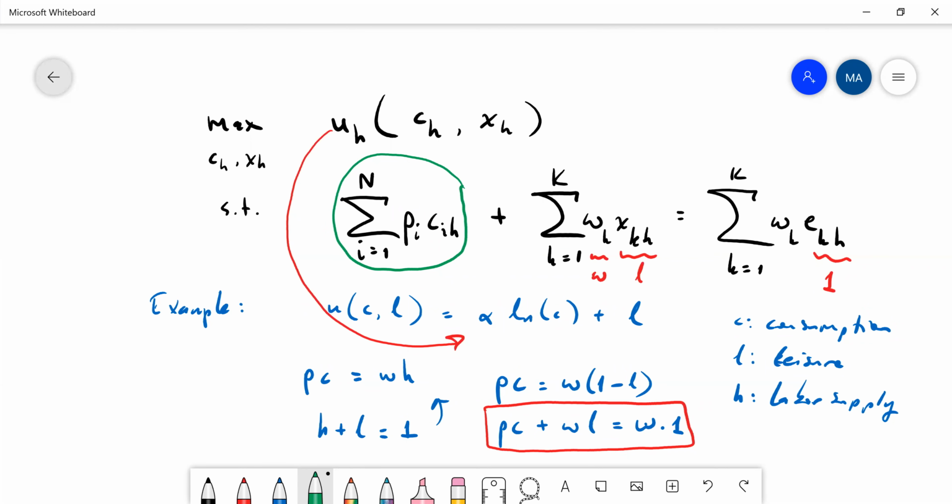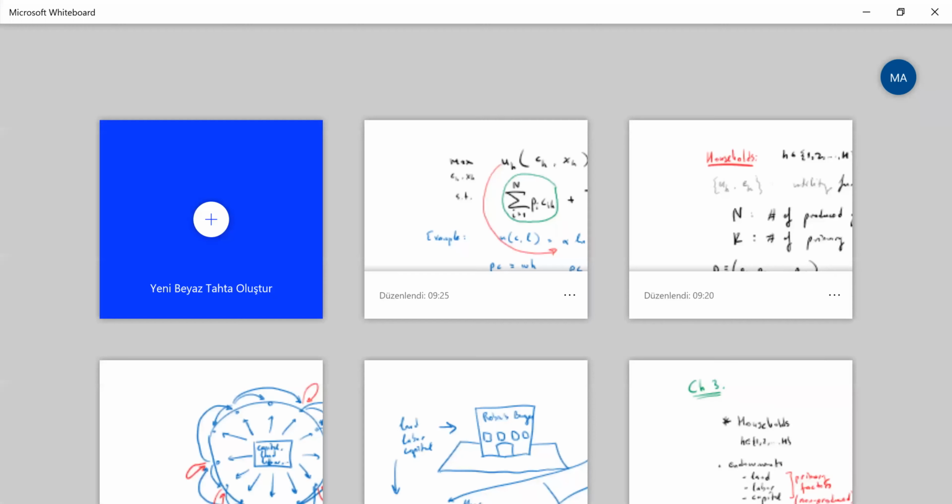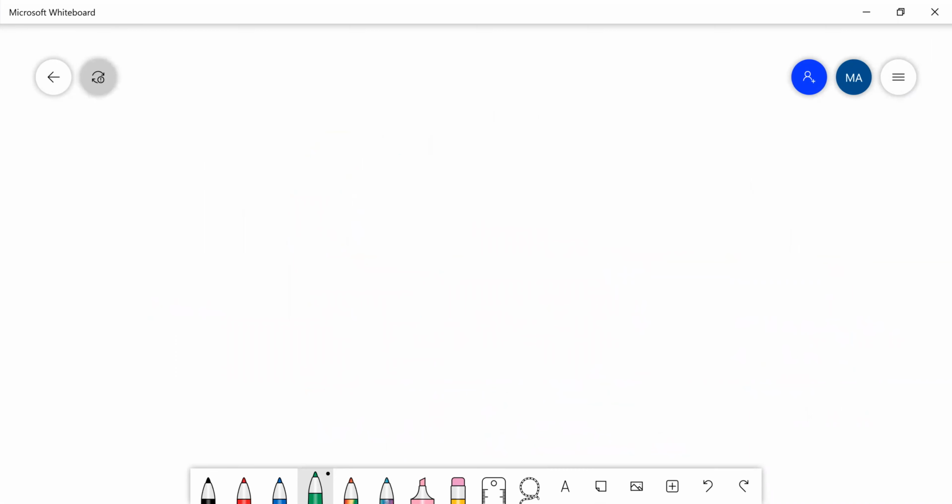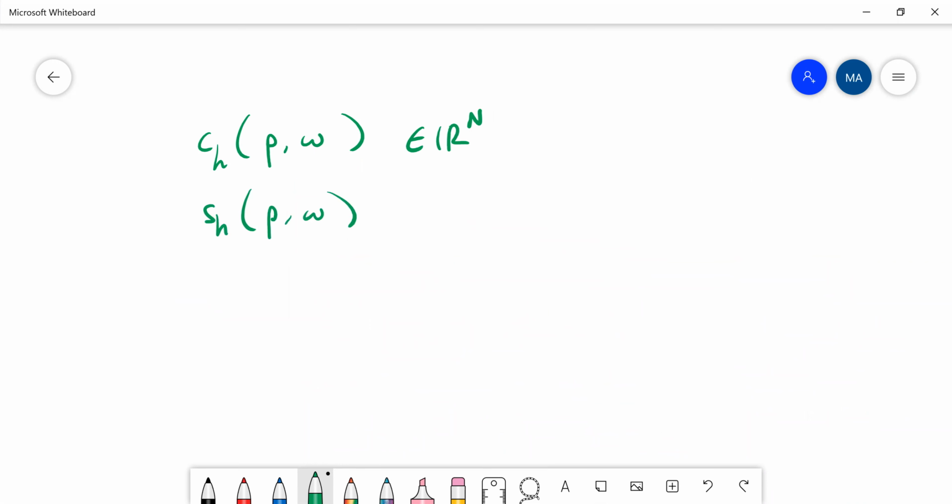And if you solve this problem, of course, you're going to find consumption demands, right? Each household will have a demand function for produced goods and a supply function for primary inputs, right?